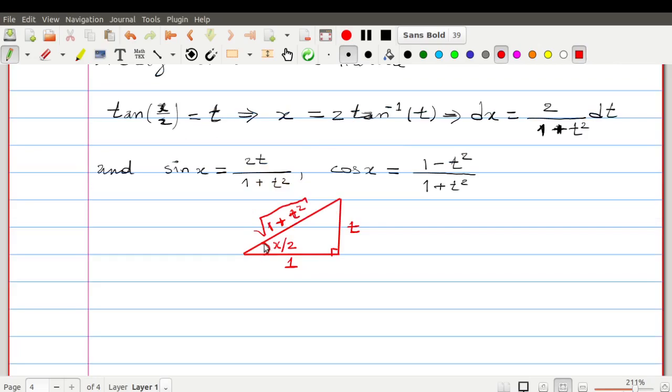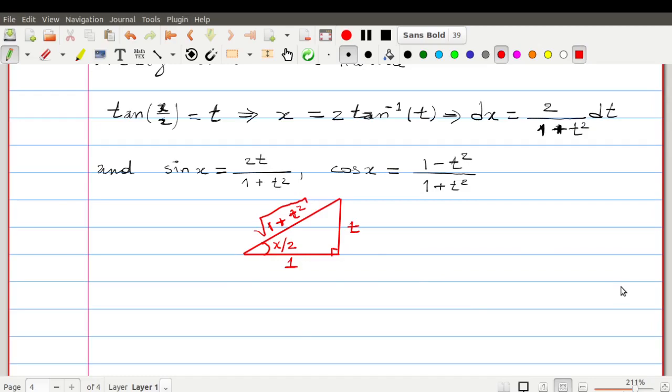So we have tan of x by 2, which is opposite over adjacent, meaning that t is tan of x by 2 for the half angle. So this is going to play an important role in all of our computations.